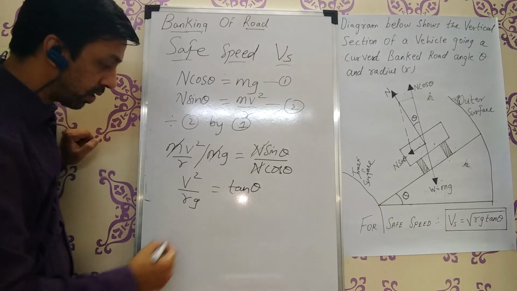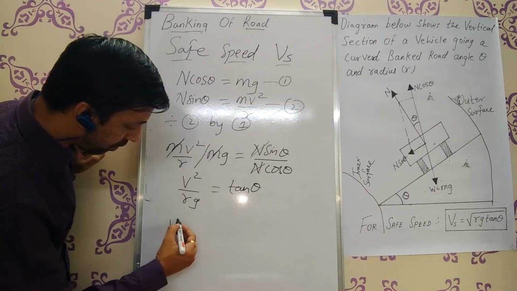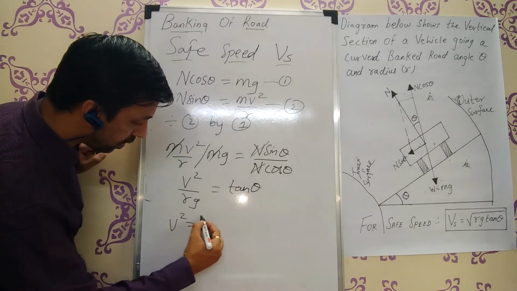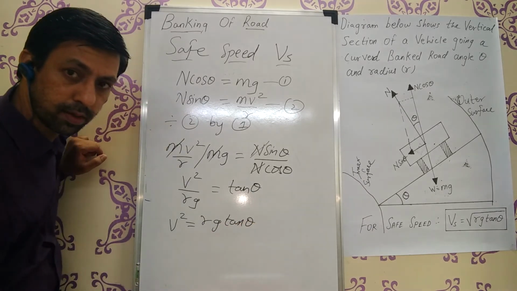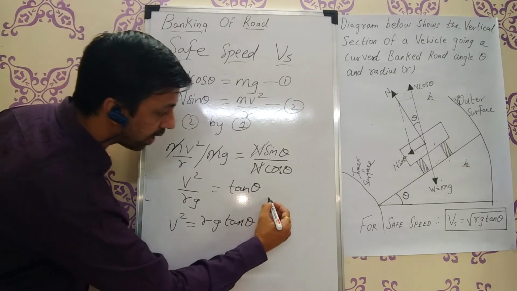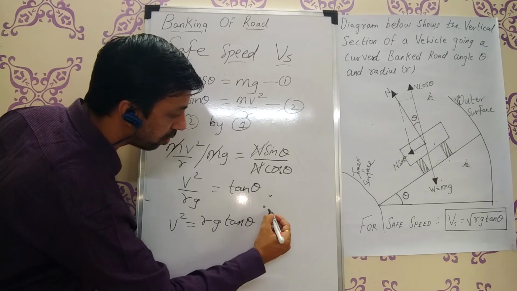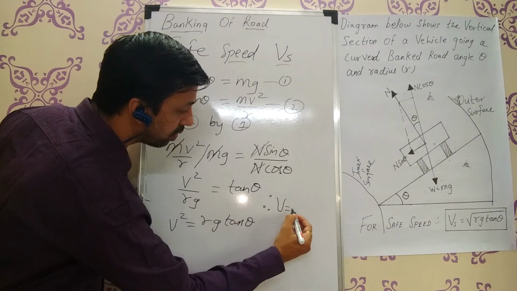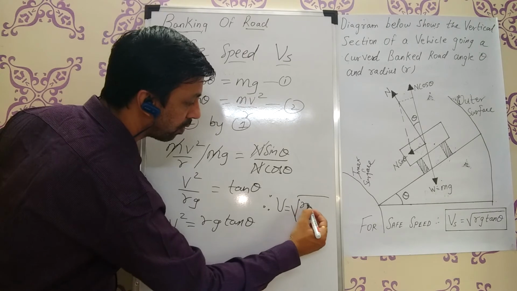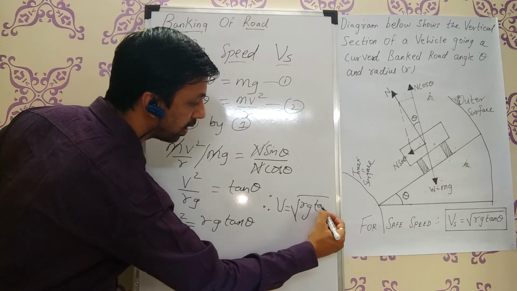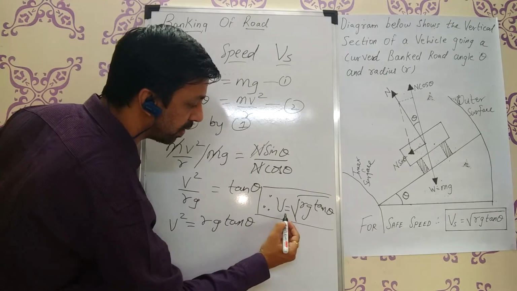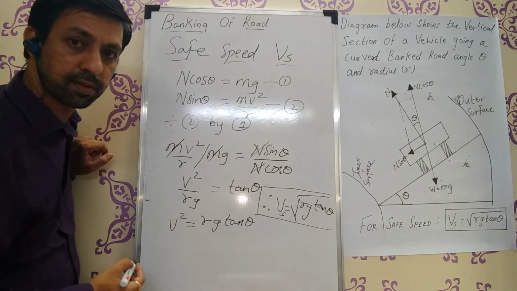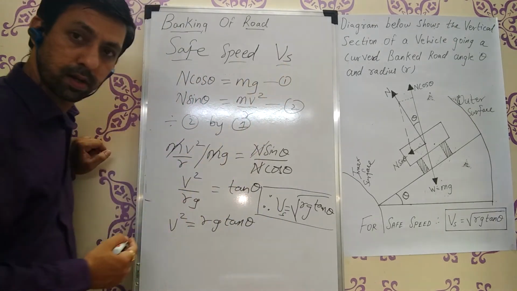So the expression of v square is equal to rg tan theta. Therefore, v is equal to under root of rg tan theta.